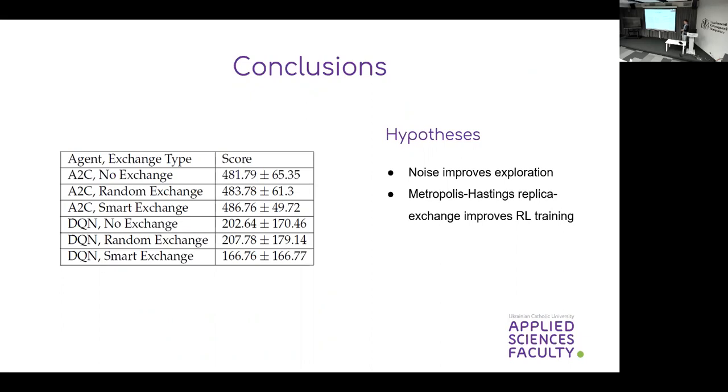So we have multiple agents and multiple environments. Each agent is trained on its own environment with its own level of noise. After some number of iterations, for example 30, we look at the noises of the environments for the specific agents, and we look at their recent scores.